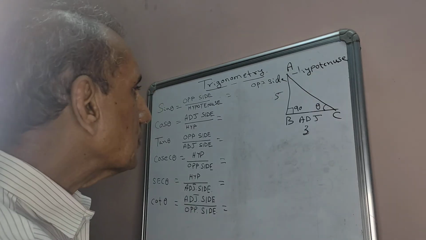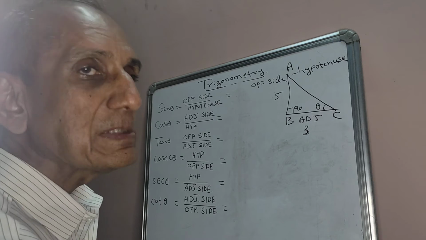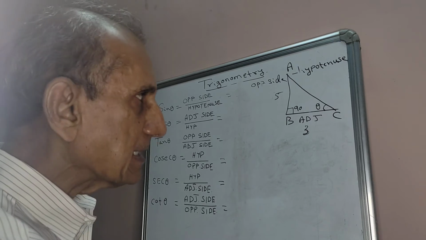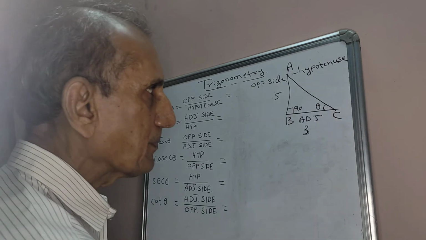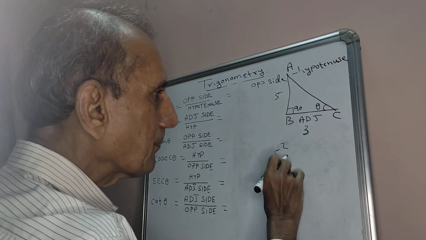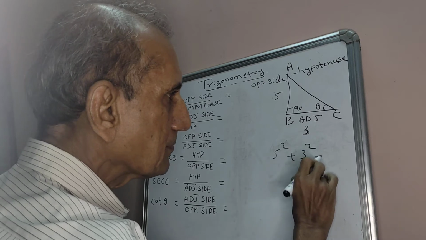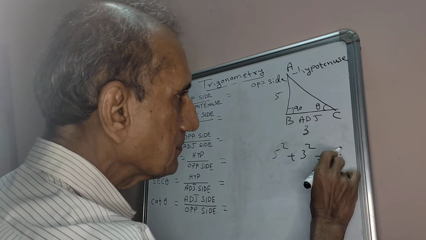So as I told you, how do you find this value? Using Pythagoras theorem. Okay, and what does Pythagoras theorem state? It states that AB square plus BC square is always equal to AC square. Now in this case, 5 square plus 3 square is AC square.